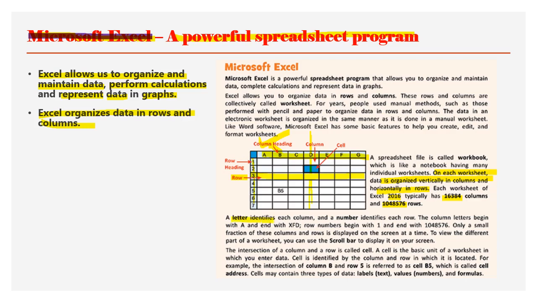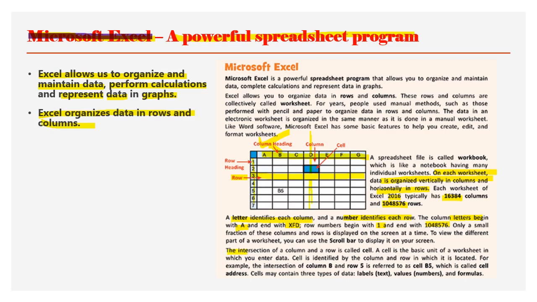A letter always identifies each column and a number identifies each row. The column letters begin with A and end with XFD, and row numbers begin with 1 and end with 10,48,576. When you multiply 16,384 by 10,48,576, it gives you the number of cells.